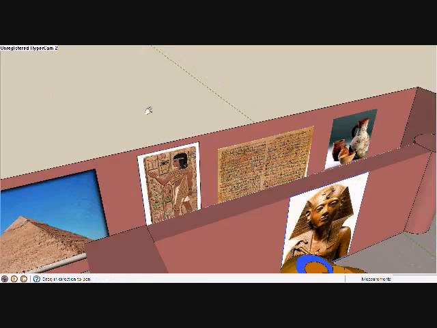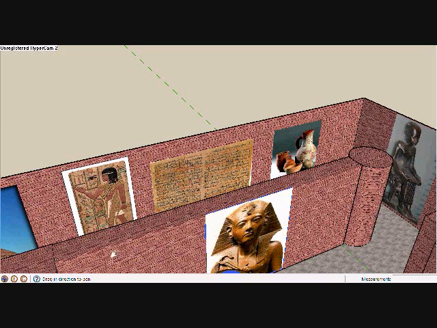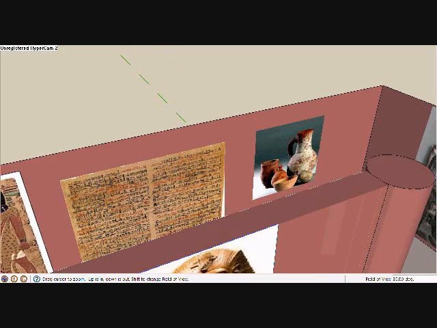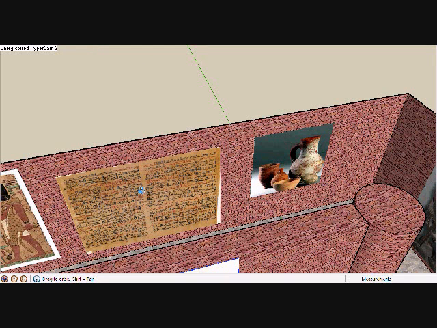So down here is a scribe, and that was also a wall painting that was preserved in a museum. You can see how complex their language was years ago in ancient Egypt.